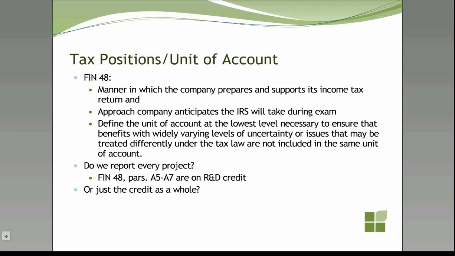It's going to depend on how you do it for FIN 48 in terms of how you report it on UTP. Now, I'll pose the question: you provide this UTP form to the IRS, and the IRS comes to examine. One of the questions I would ask, if I was an examiner, is: you've given me this UTP form, can you give me the documentation that shows me that all these positions are uncertain?